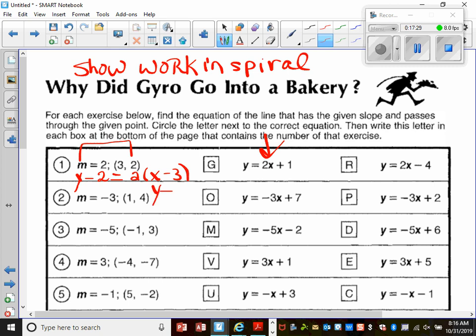So then you'll just say y minus 2 equals 2x minus 6, and then add the 2 to the other side. So you have y equals 2x minus 4. Okay, so just make sure, and of course that would be that one. Just make sure for this page that you are showing your work in your spiral notebook.